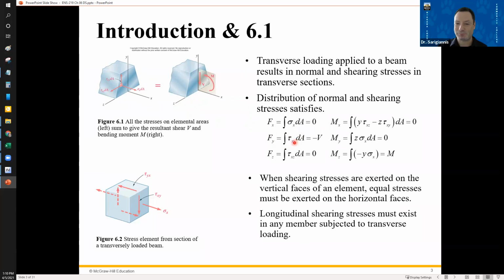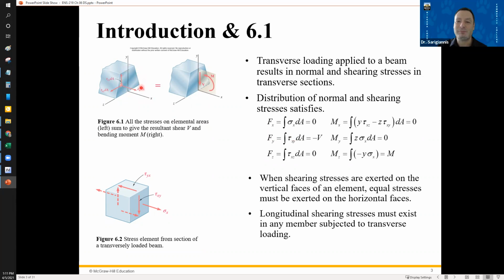Except now, what we have with the y is the force in the y direction across this face, which is this shear stress tau xy. So the plane that has an axis perpendicular to the x-axis, and the force is in the y direction, dA.